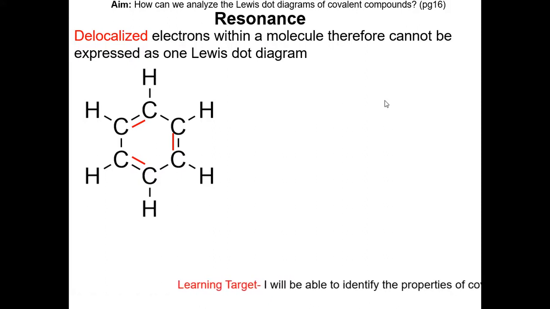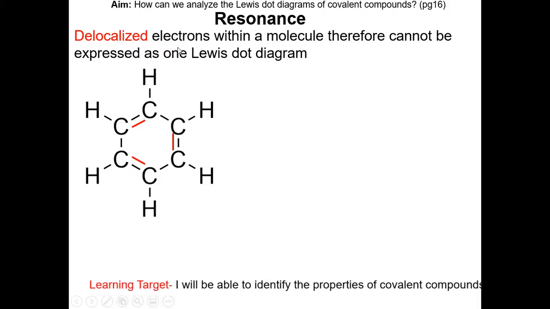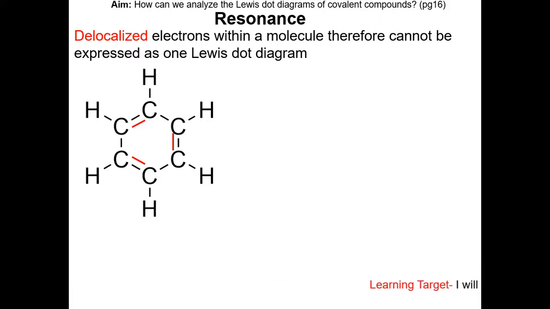So in a molecule that has resonance, the electrons are delocalized. That means they're not localized within a bond or an atom, but they can move around within the molecule. Therefore, you cannot express the molecule as one Lewis dot diagram because the electrons are moving. So here's an example of that. The electrons are moving within the ring of benzene.